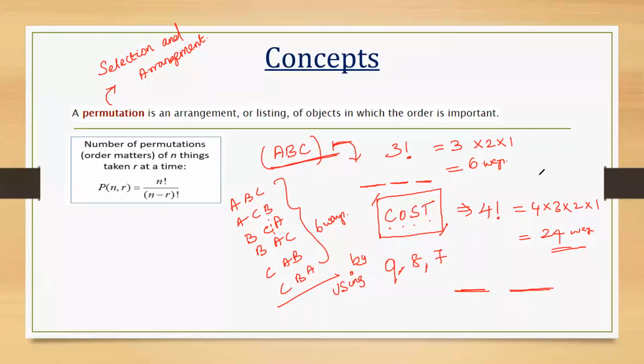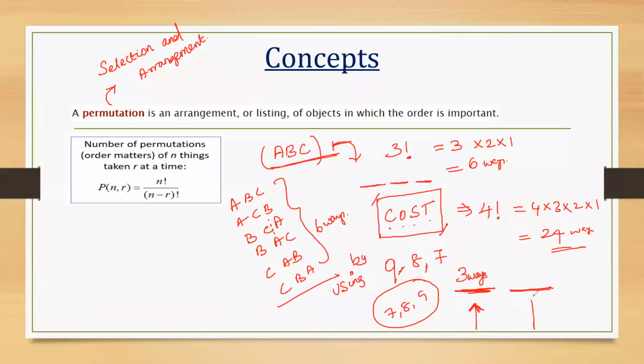In the first place, how many possible arrangements are there? We have 7, 8, 9. We have 3 numbers, and we are going to form only a 2-digit number. In the first place, either you can have 7 or 8 or 9, right? Out of 3, anyone. So we have 3 ways.